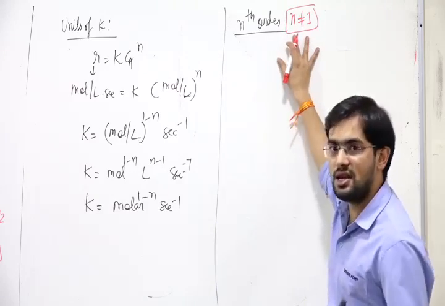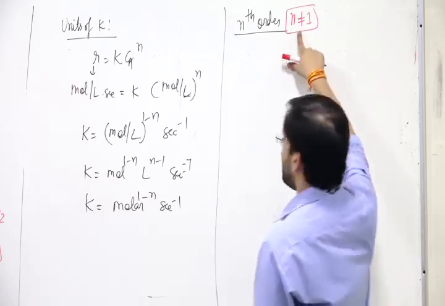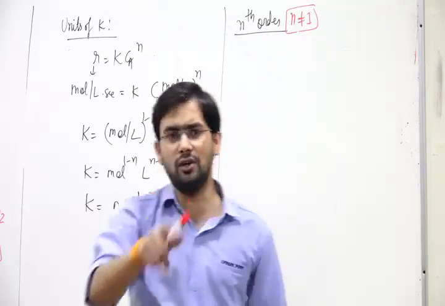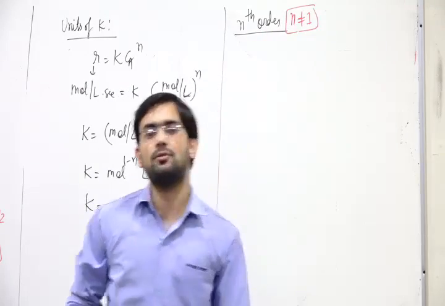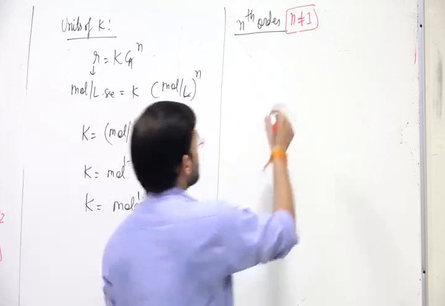If n is equal to 1, follow first order kinetics. If n is not equal to 1, any value, follow this formula which I am going to write. You will have a correct answer. Understand?